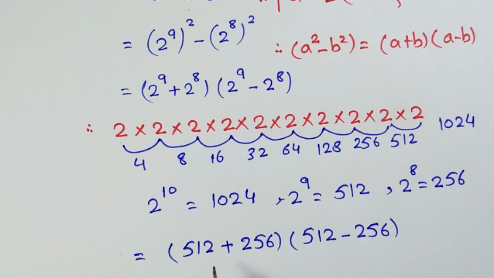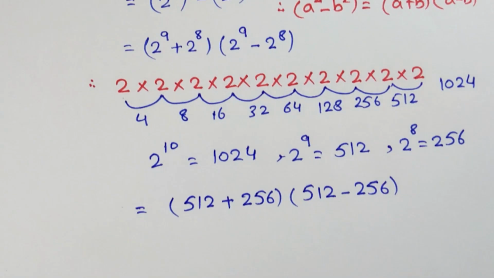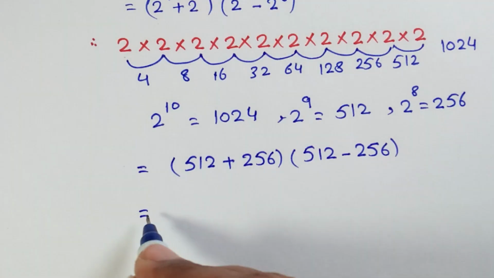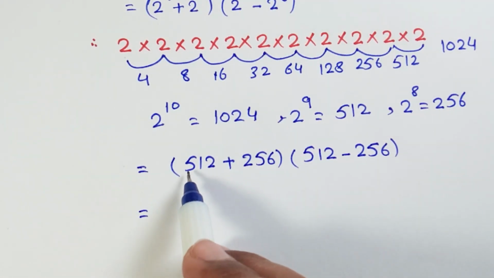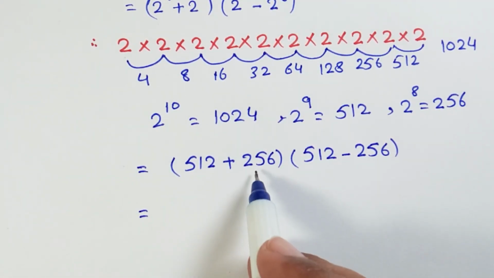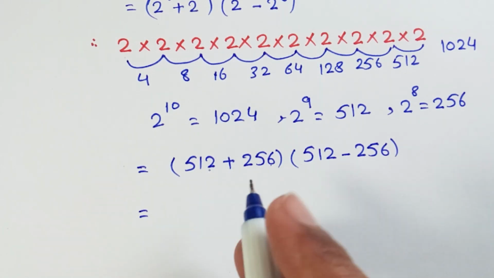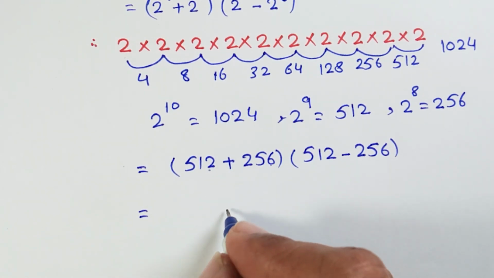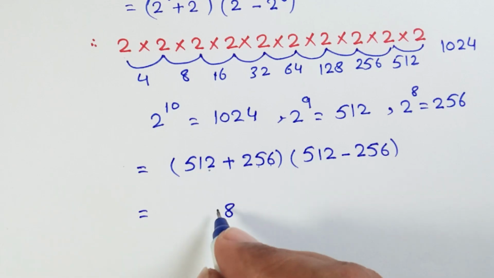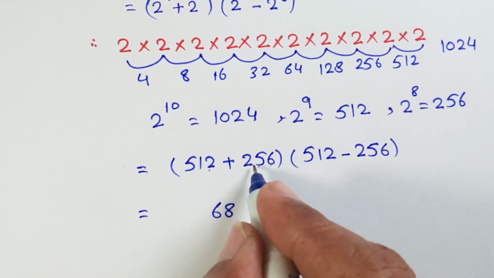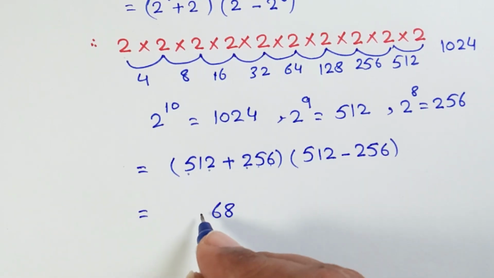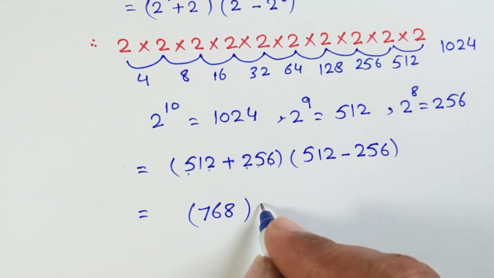So now we will simplify all of these. First of all, we will add this bracket's value. 6 plus 2 is 8, 5 plus 1 is 6, 2 plus 5 is 7.